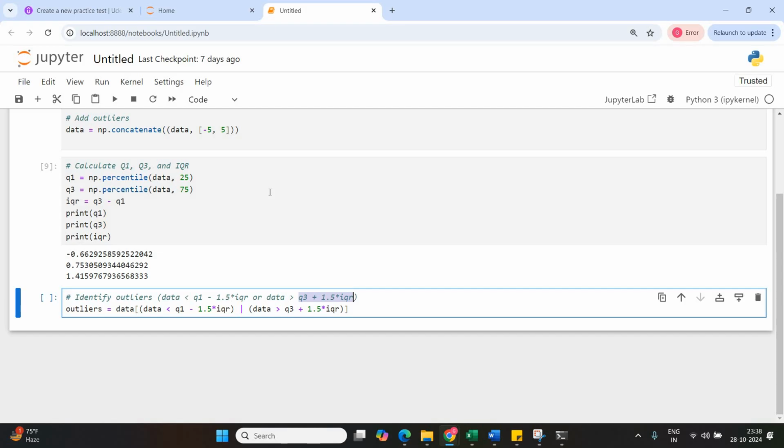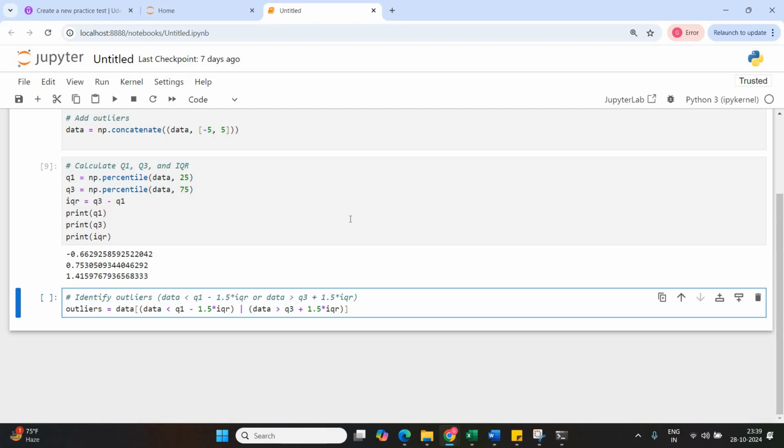We just discussed, right? This 1.5 all depends on what kind of data you have and how much vicinity you think you should decide, based on the interquartile range. We are going to discuss that interquartile range in the coming videos, but here you only need to understand that interquartile range is just about defining the vicinity, the area of influence, you can say. If some value comes under that area, then it is not an outlier.